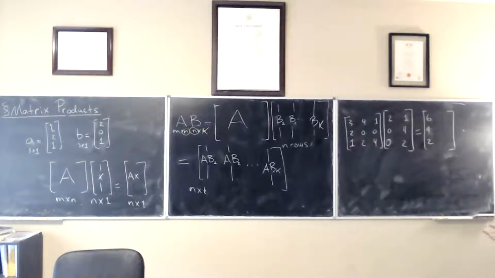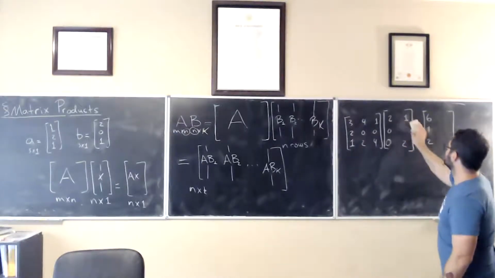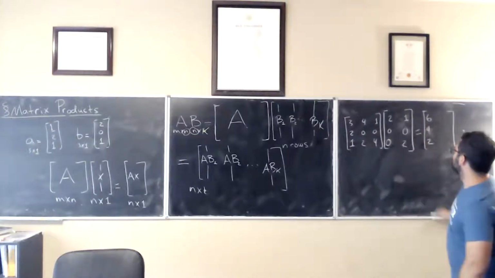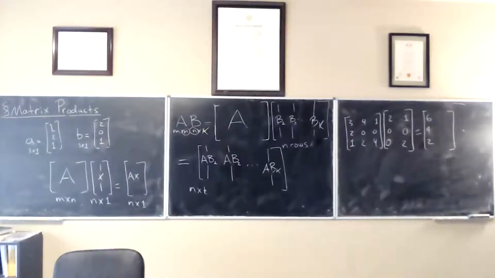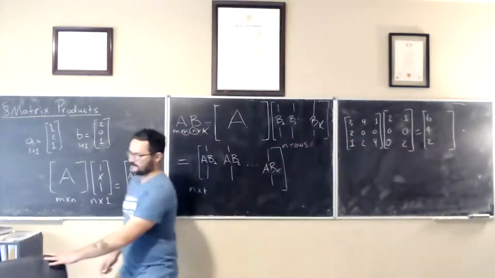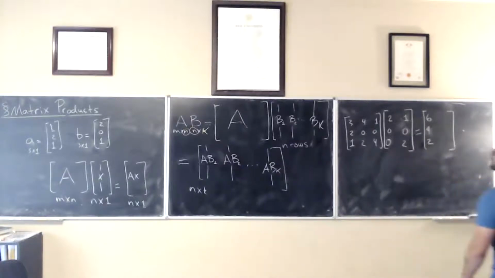The other one's a little bit more difficult. Maybe I'll put a 0 right there. What's the second column? You can probably do it in your head, right? How do I know the first entry is going to be 5?